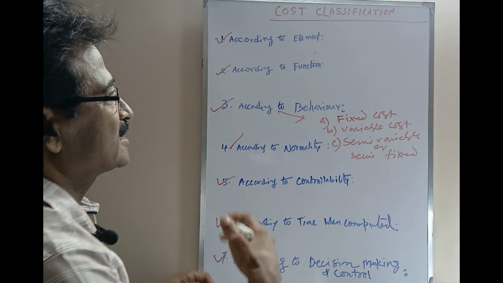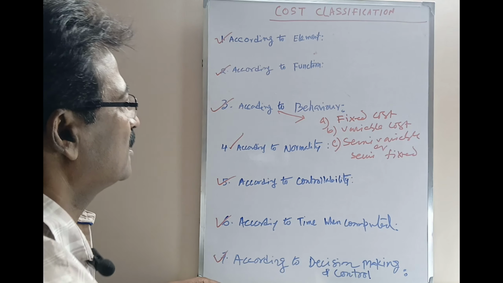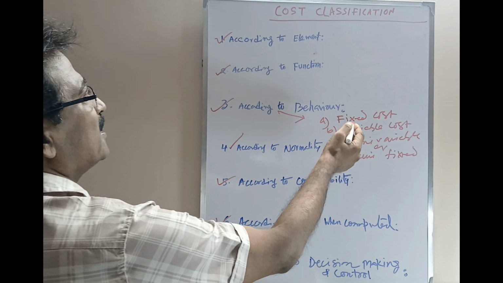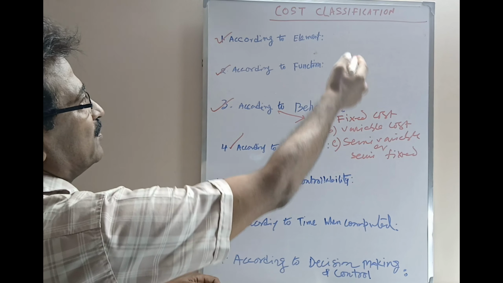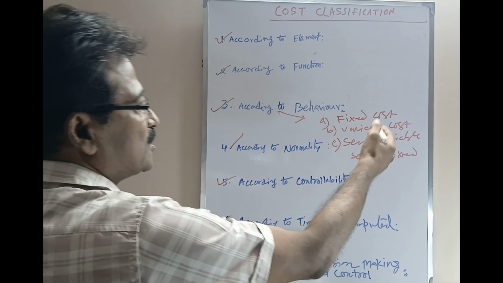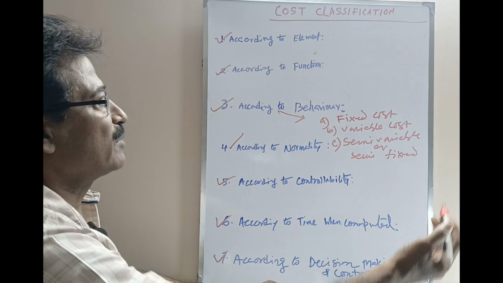So according to behavior, costs are classified into fixed, variable, and semi-fixed, semi-variable.